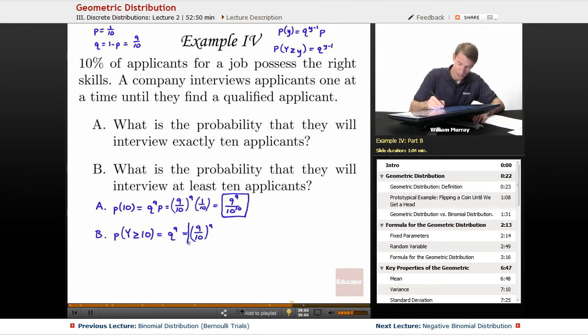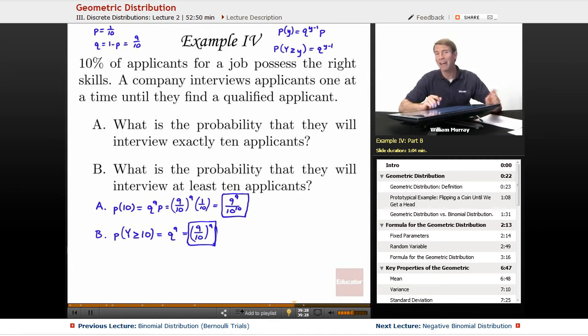And again, I did not simplify that, but that'll be a bit bigger. Well, 10 times bigger than our previous answer. So that's our probability that we will interview at least 10 applicants. So that's our answer for both of these.